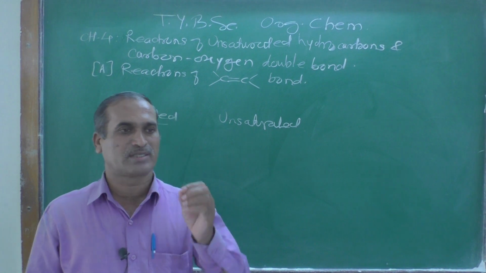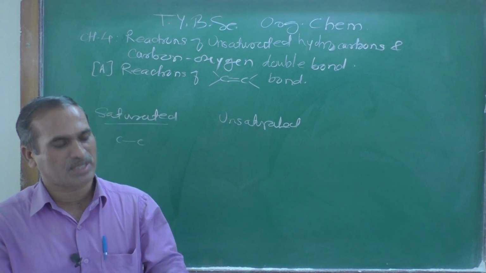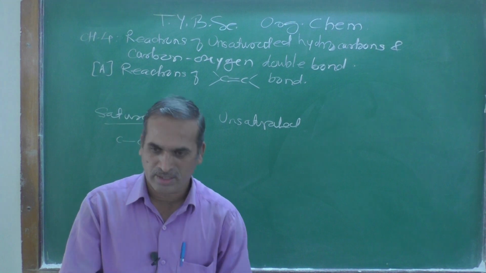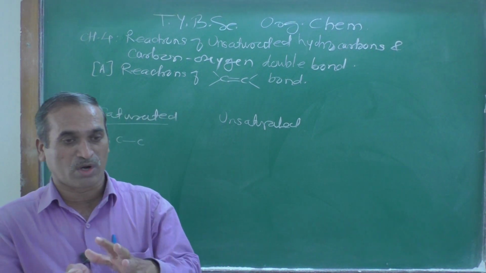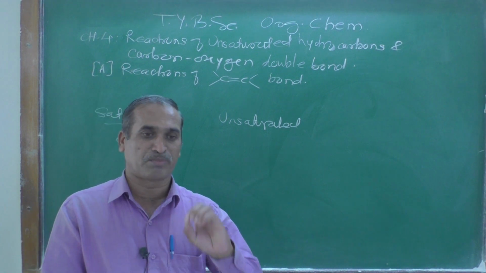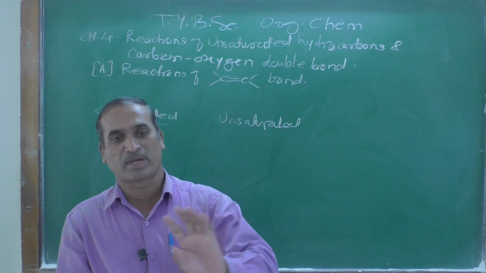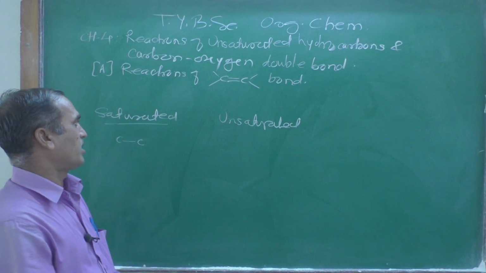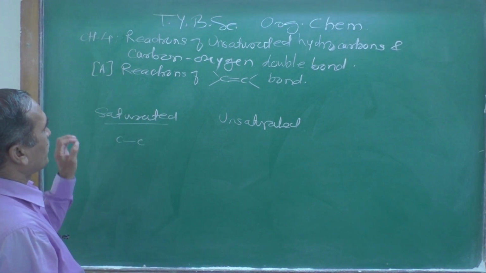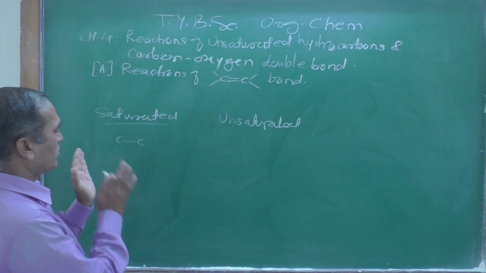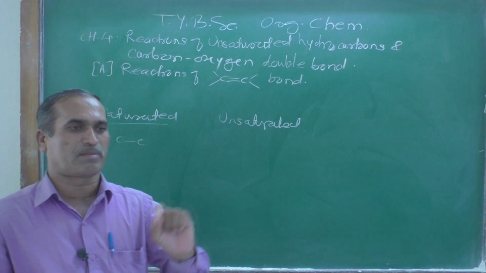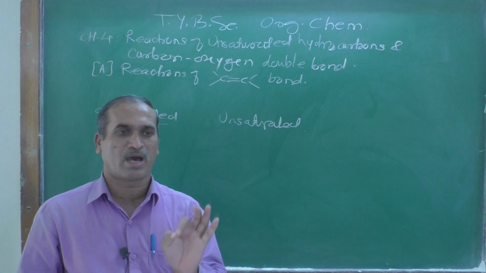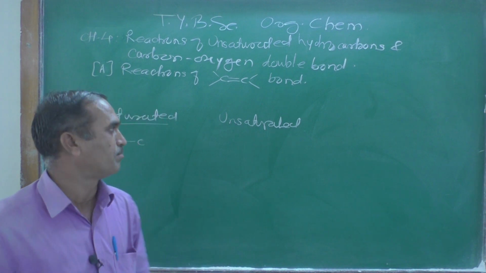Likewise, these are examples of saturated organic compounds. And as we know, the study of carbon compounds containing carbon atoms is known as organic chemistry. Now here, simply remember that organic compounds containing carbon-carbon single bonds are known as saturated organic compounds.